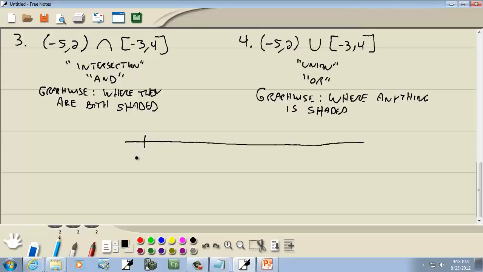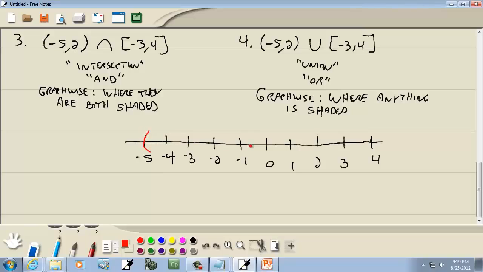Smallest number is negative 5, and negative 4, negative 3, negative 2, negative 1, 0, 1, 2, 3, and 4. Okay. So I got negative 5 to 2.